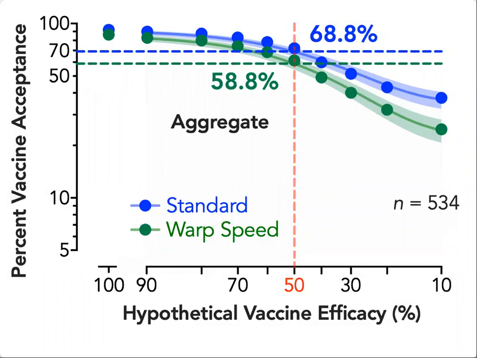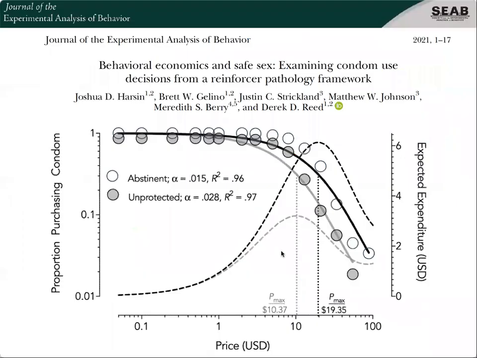But the assumption is this is a one-time decision, yes or no. And so we wanted to see if we frame this as standard FDA approval versus warp speed, what that would do to the critical mass of people to get this for herd immunity purposes, for example. So again, vaccine acceptance is a yes or no. This is a solution to doing that.